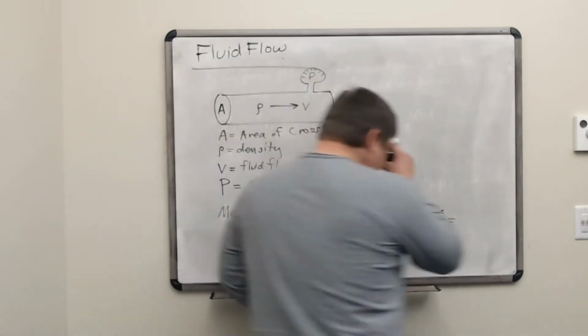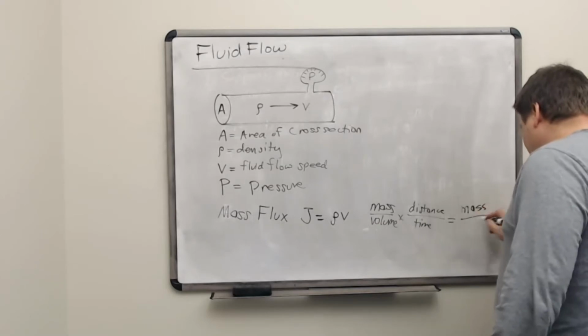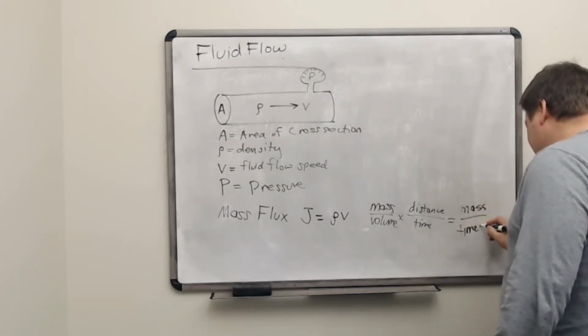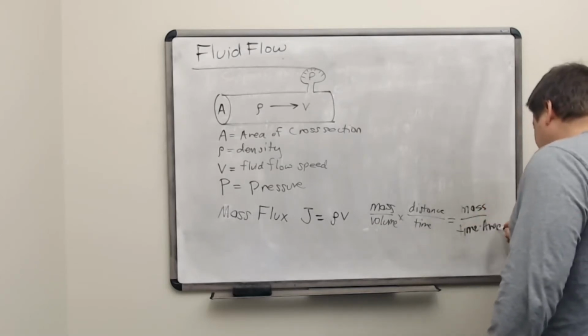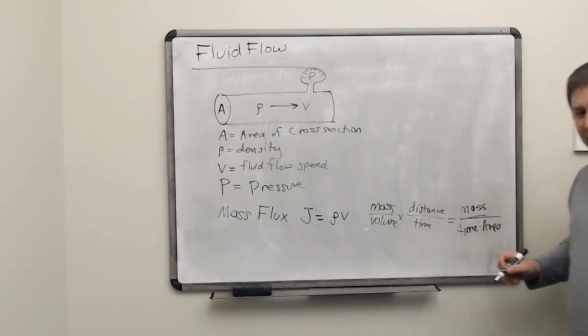So these two cancel, and what we get is mass over time over area. So in SI units, this will be kilograms per second per square meter.